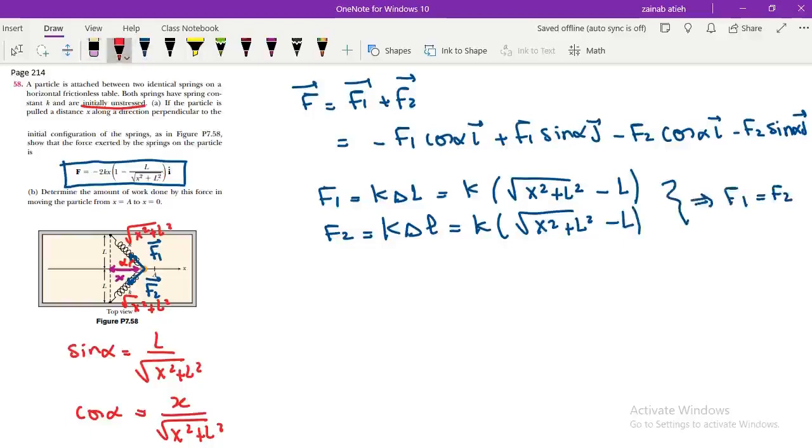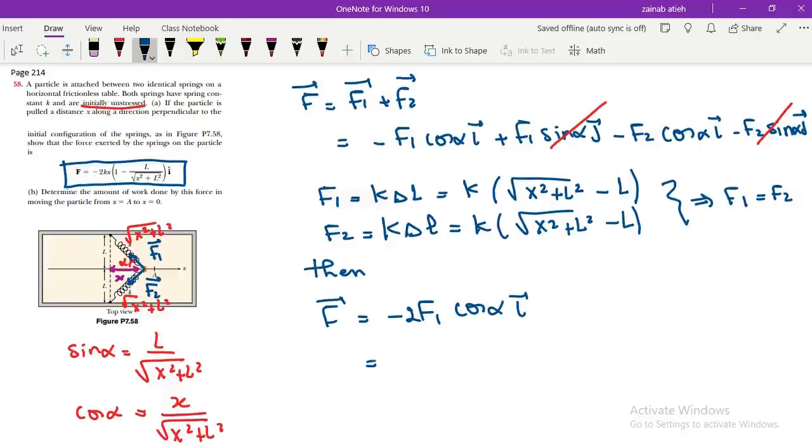So if F1 is equal to F2, this one cancels with this one, because F1 is equal to F2. So what remains then is F, which will come out as minus 2 F1 cosine alpha, because F1 is equal to F2 directly.